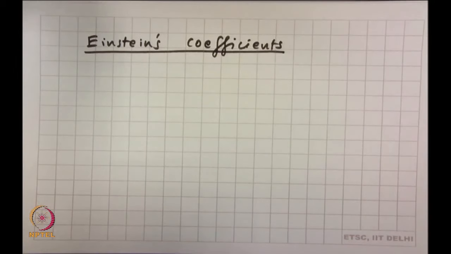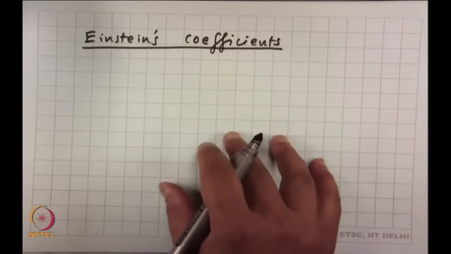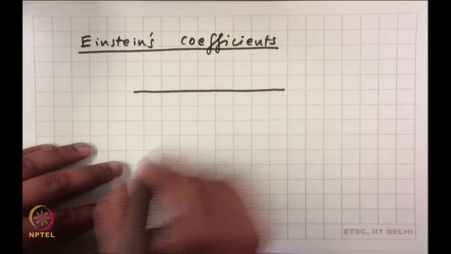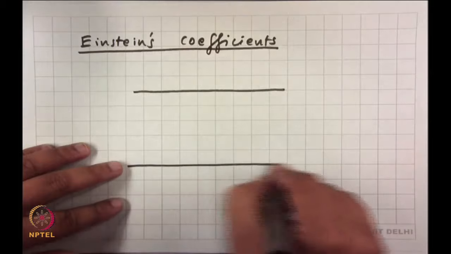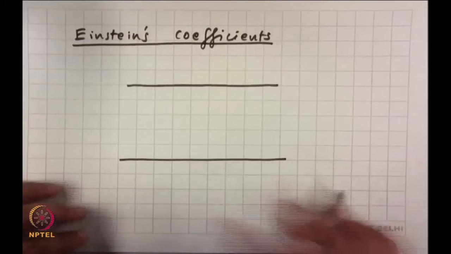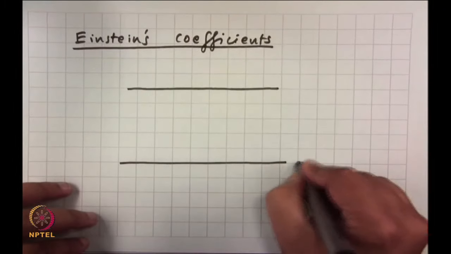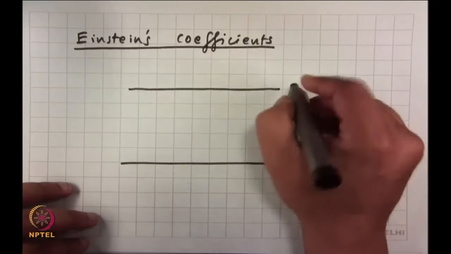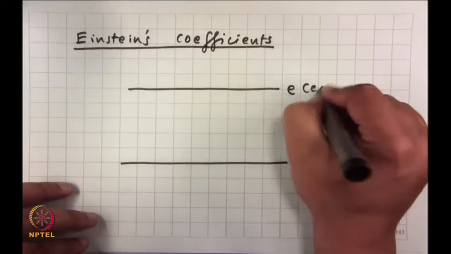Now, let us consider this two level system. I have a two level system, that means this is my ground state, G stands for ground, and this is my excited state, E stands for excited.